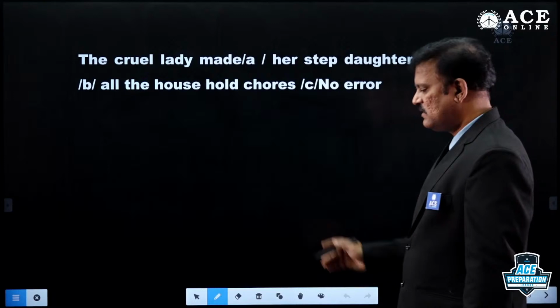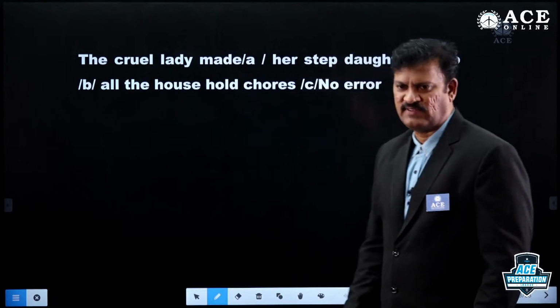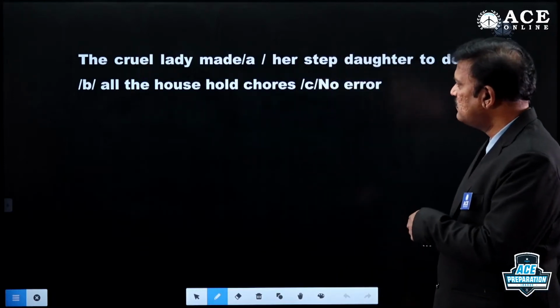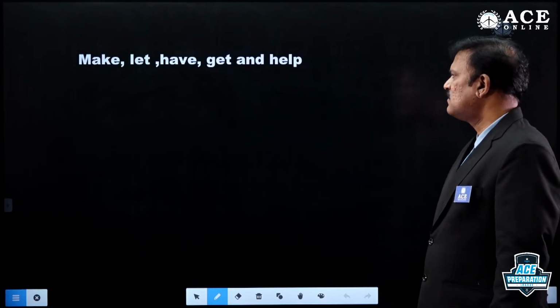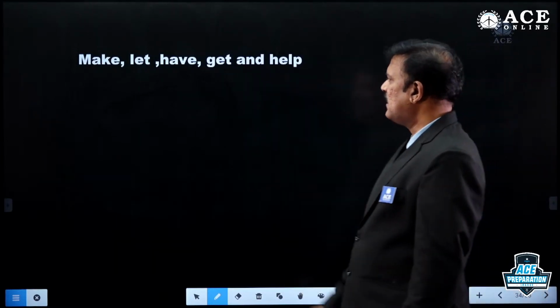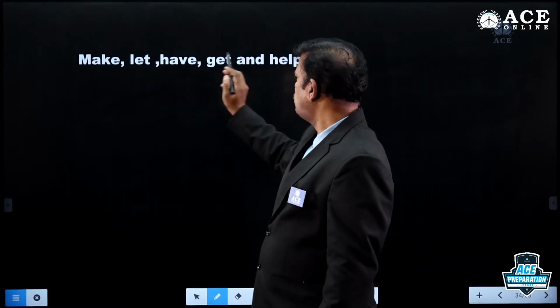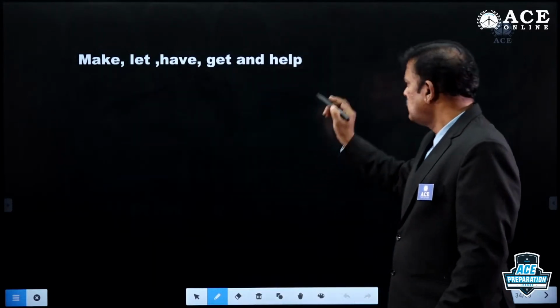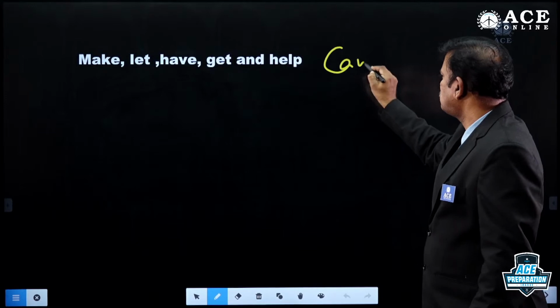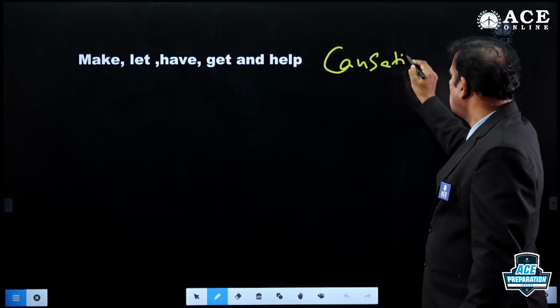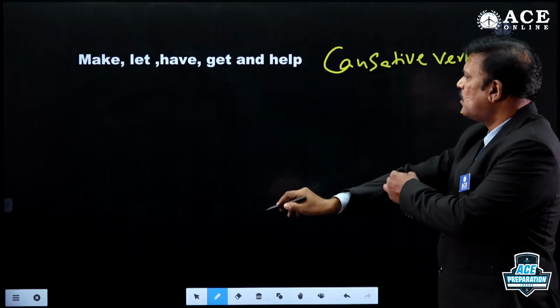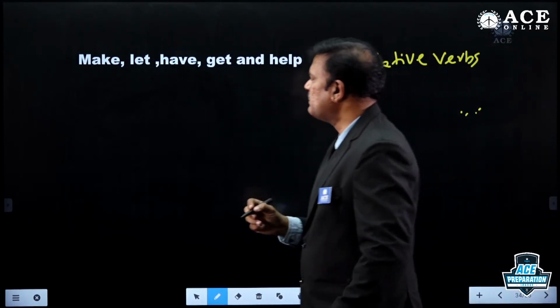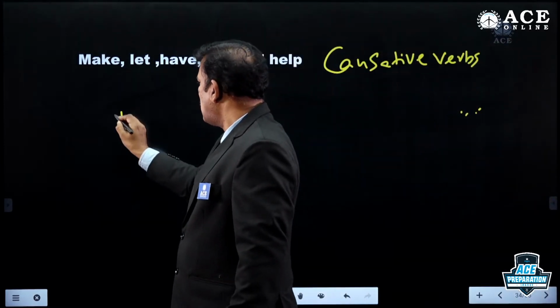Fine. This is another angle of this. We'll come back. Look at this. Make, let, have, get, and help. 1, 2, 3, 4, 5 are called causative verbs. What do I mean by this? Check it out.